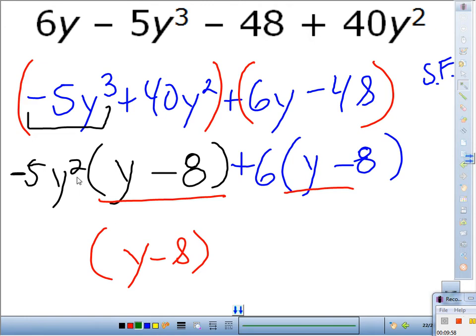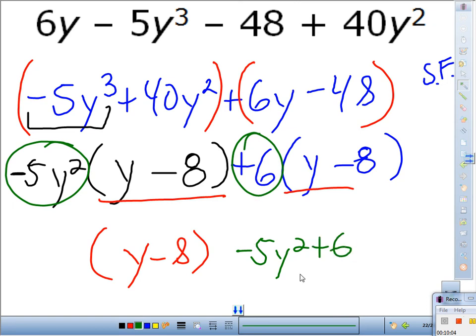And what's left for both? Negative 5y to the second plus 6. And these are my factors. That one and that one. Okay? Alright?